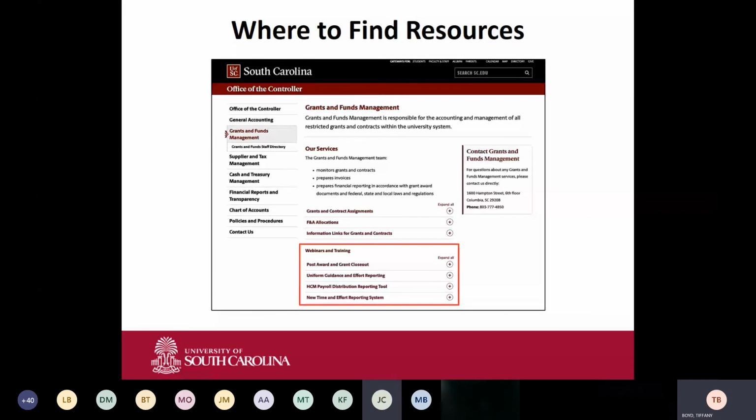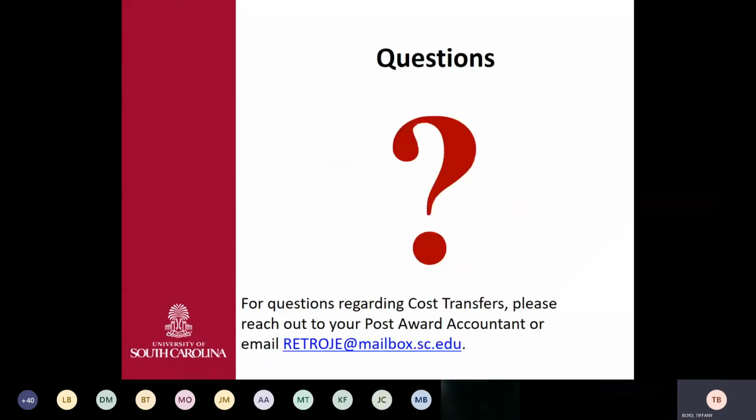Go ahead, Tiffany. I was just going to point out that if you have additional questions regarding cost transfers or anything of that nature, you can always reach out to your post-award accountant, and you can also email the RetroJ email box. Like I said, here centrally, we're here to support you guys. At the end of the day, everything contained within this policy is very similar to anything that you'll find at other universities.